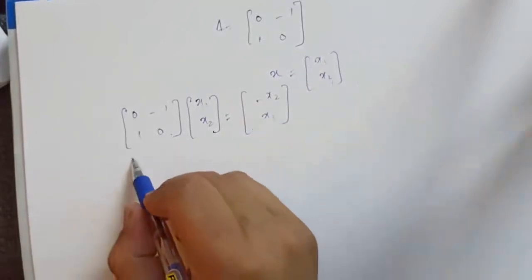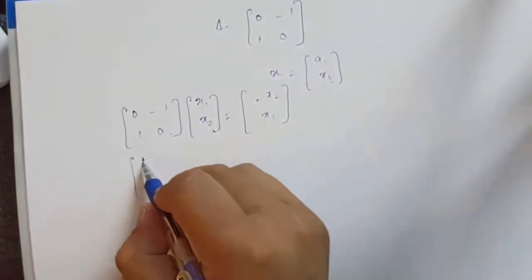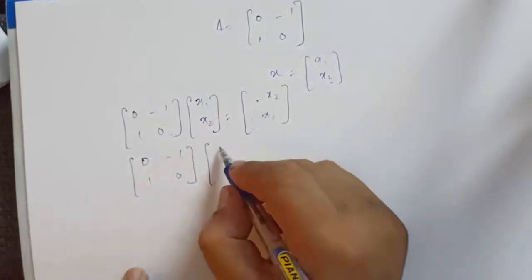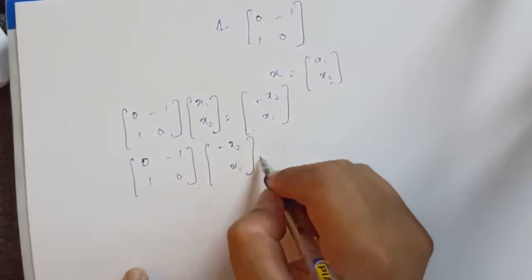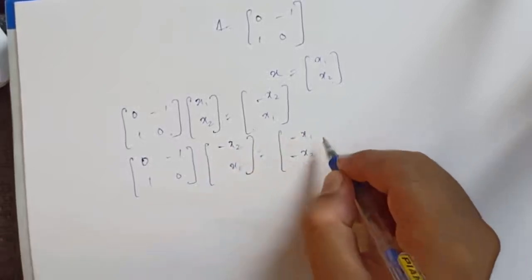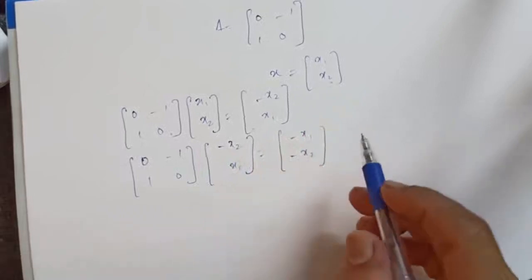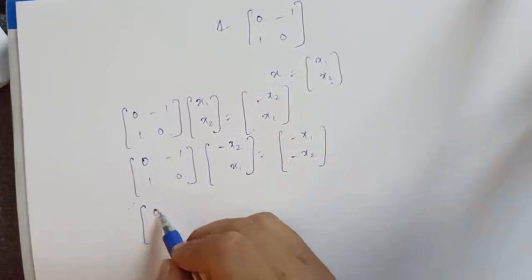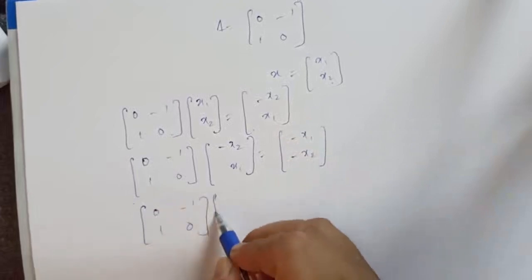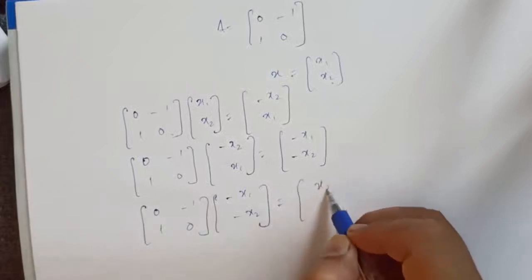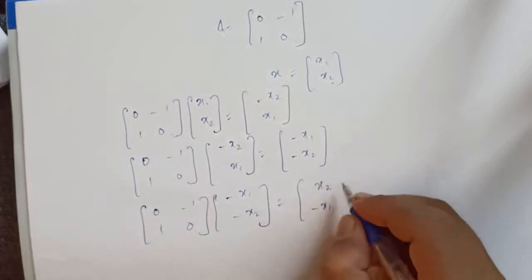Now if you keep multiplying the resultant vector of Ax with A again, the output here would be minus x1 and minus x2. Again, 0 minus 1, 1 0 multiplied with minus x1 and minus x2 gives x2 and minus x1.